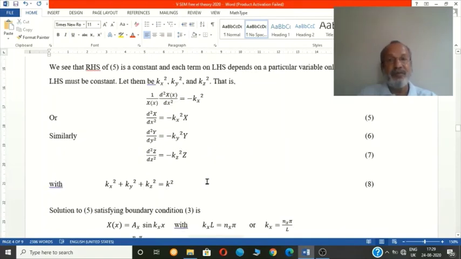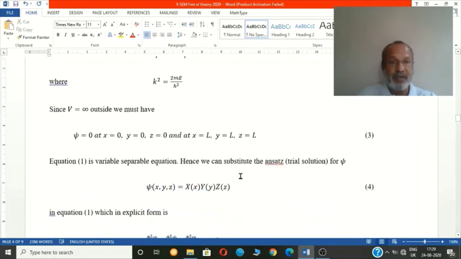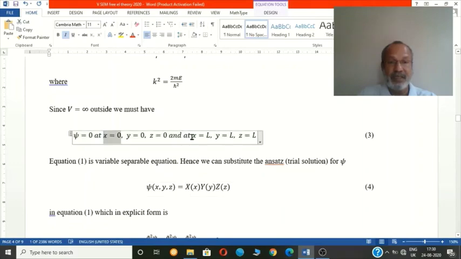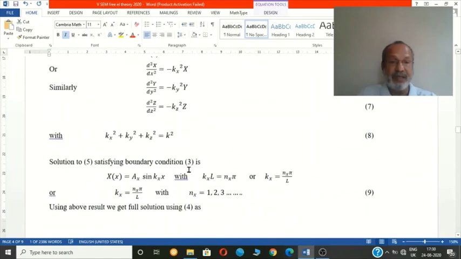Any solution you find for this equation must satisfy the boundary condition also. Here there is a boundary condition. At x equal to 0 and at x equal to L, the wave function should vanish. So this capital X should become 0 at x equal to 0 as well as at x equal to L. That condition we should apply there.